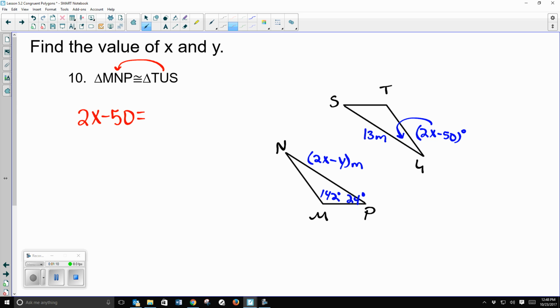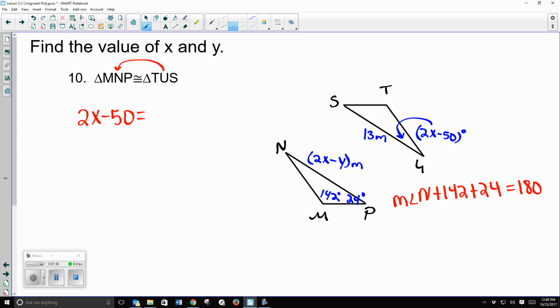Well, we don't have an angle measure for N, but we can find it. When we have two angles of a triangle, how do we find the third angle? You add those two together and then subtract that from 180. So the measure of angle N plus 142 plus 24, all three angles add up to 180.